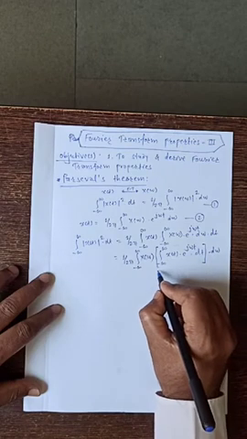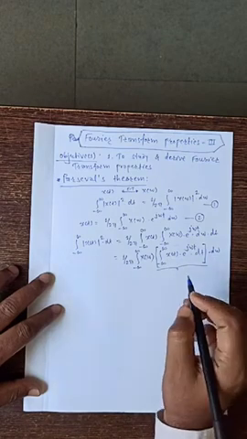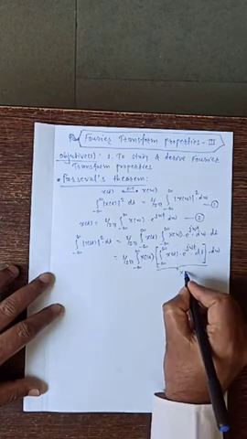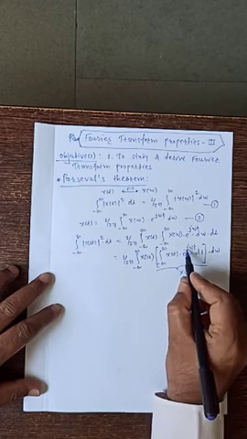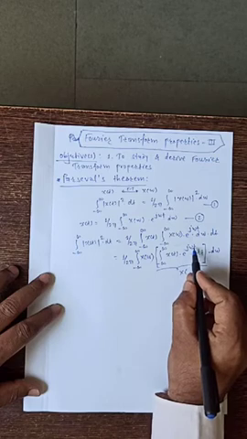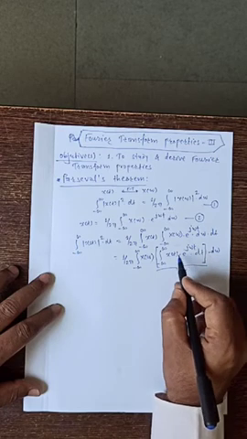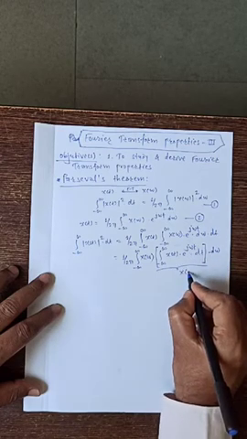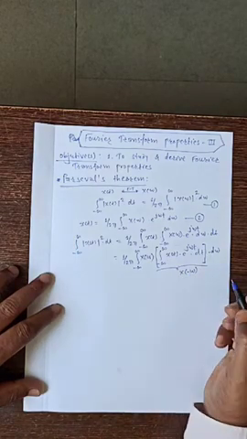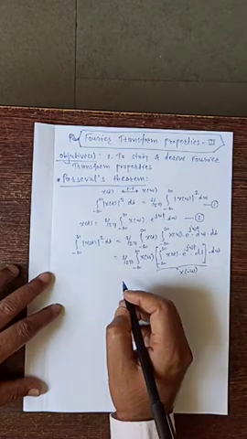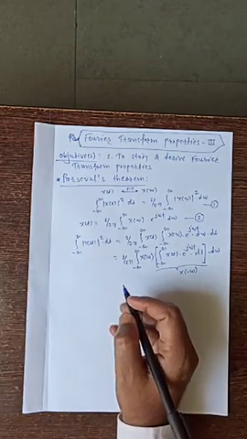So this term is nothing but the Fourier transform. Instead of e raised to minus j omega t, here we have e raised to j omega t, with x(t) there. So it is the Fourier transform that is represented as X(minus omega). So just see here, this is X(minus omega).